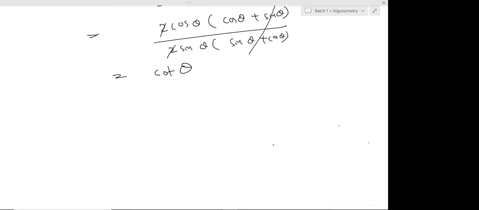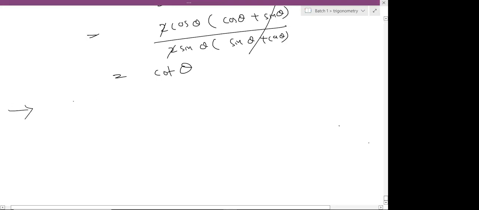All right, few more formulas. And don't think that any formula is not relevant. All the formulas are important, so you have to remember all of them.